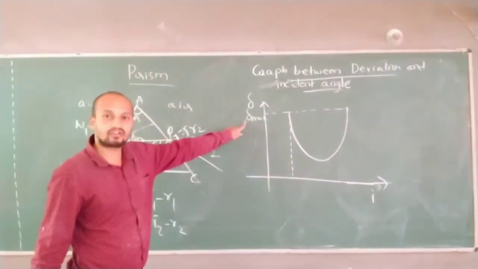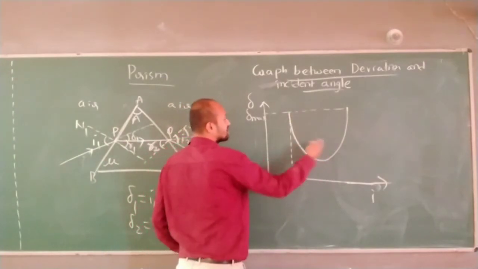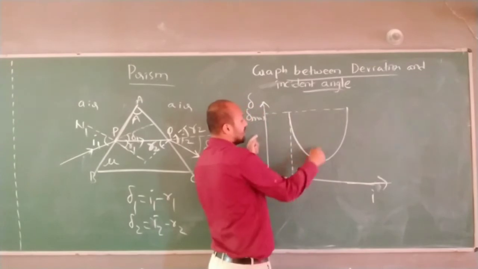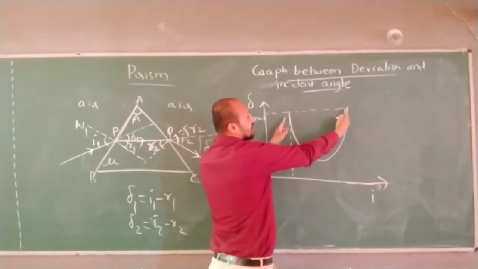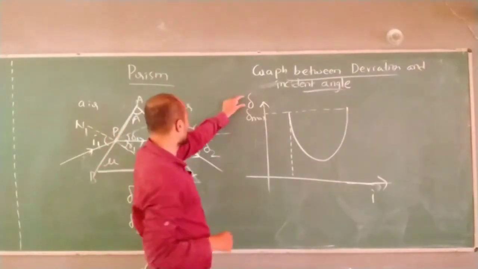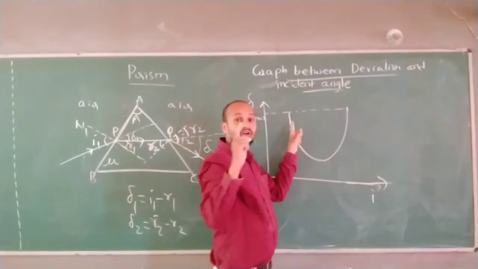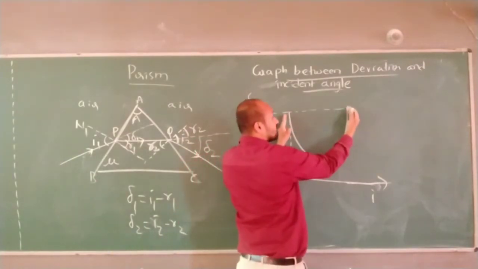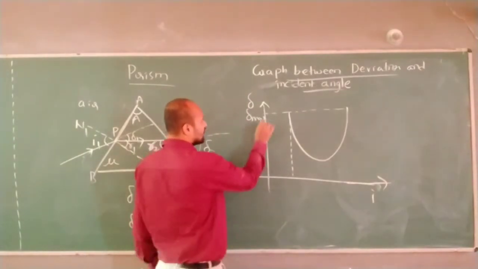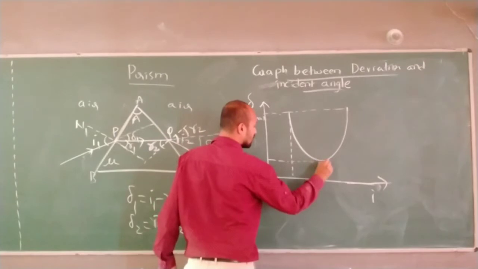This is the graph line which tells you that for every value of deviation, there are two angles of incidence. This is delta, deviation, and this is angle of incidence. For every one value of deviation, you got two values of incidence. Got it now? If this was the maximum deviation, this one was the minimum deviation.